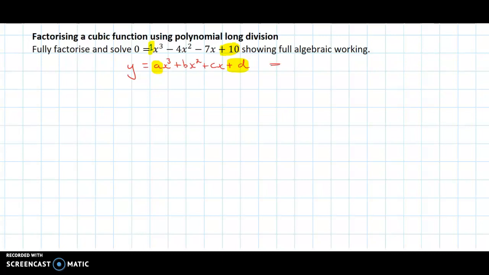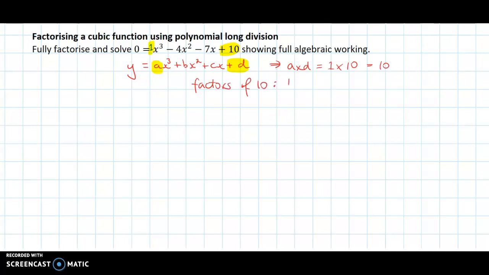So the second step, once you've identified the a and the d, is to multiply them together. So I've got 1 times 10, and that gives me 10. Then I need to think about what the factors of 10 are.